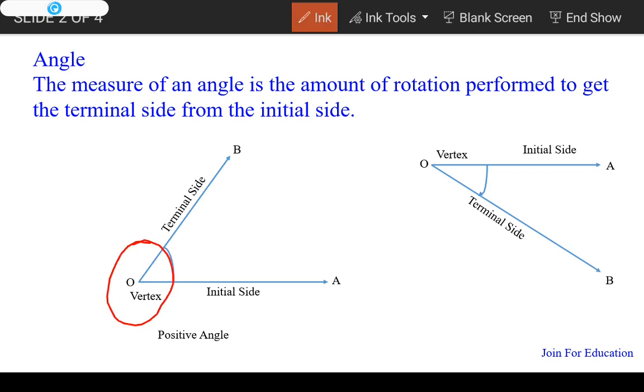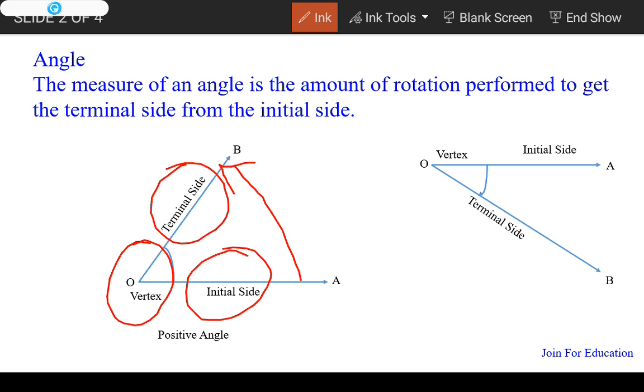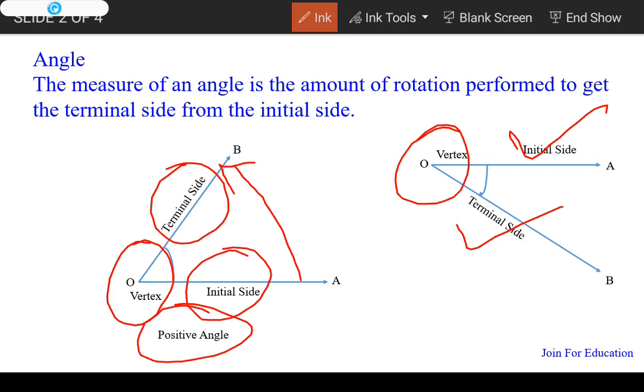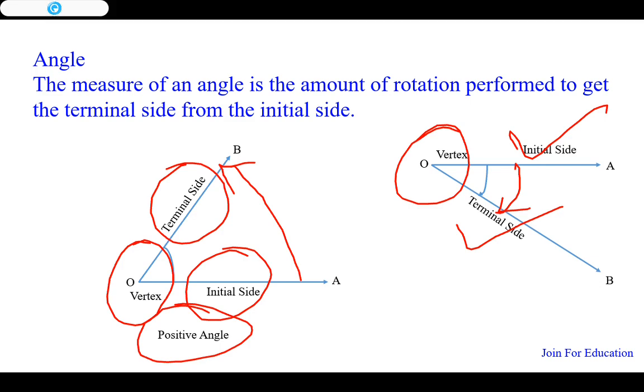This is the vertex, this is the initial side, this is the terminal side, and this is the angle anti-clockwise, therefore this is the positive angle. This is the vertex, this is the initial side, this is the terminal side, and this is the angle clockwise, therefore this is the negative angle.